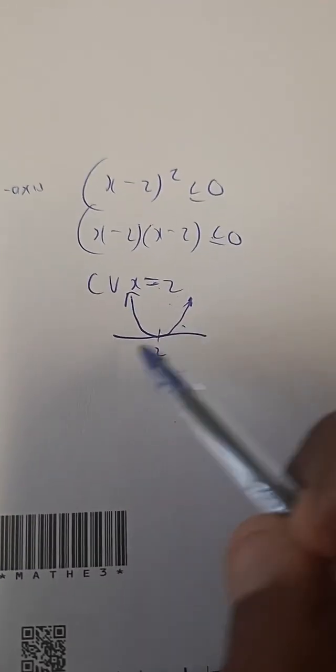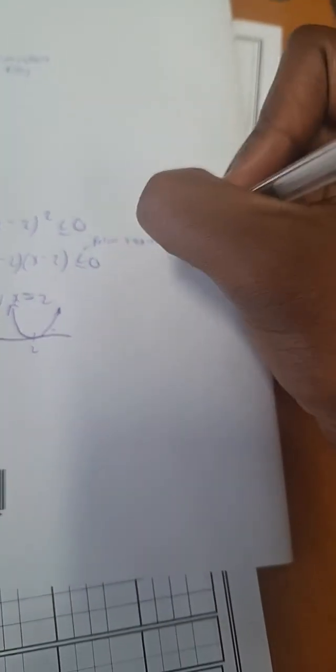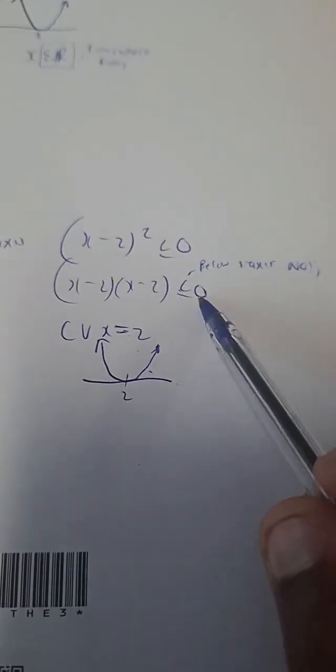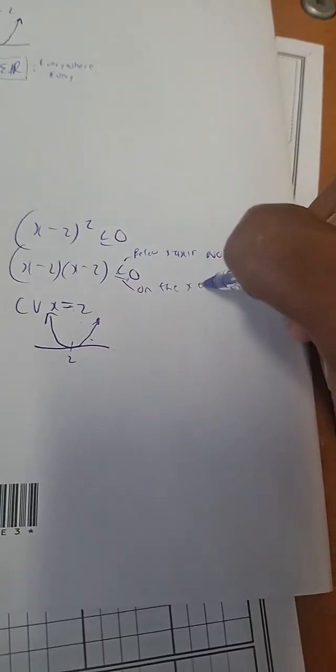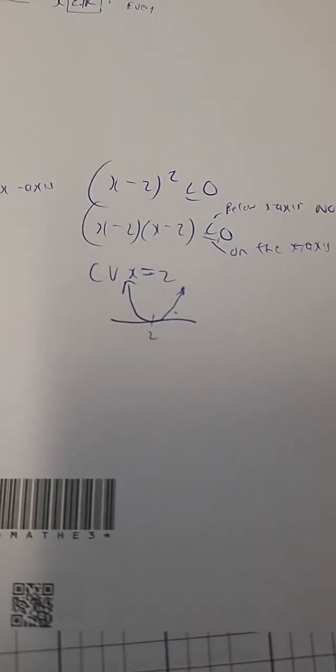Less than 0 means below the x-axis. Is the function below the x-axis anywhere? No. So there's no answer for below the x-axis. What about equal? Equal means on the x-axis. Do we see the function on the x-axis anywhere? And where is that? Tell me in the comment section.